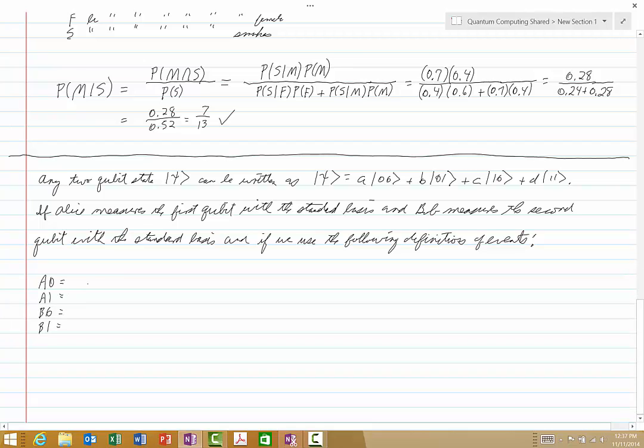A0 is the event that Alice measures 0. A1 is the event that Alice measures 1. B0 is the event that Bob measures 0. And B1 is the event that Bob measures 1.